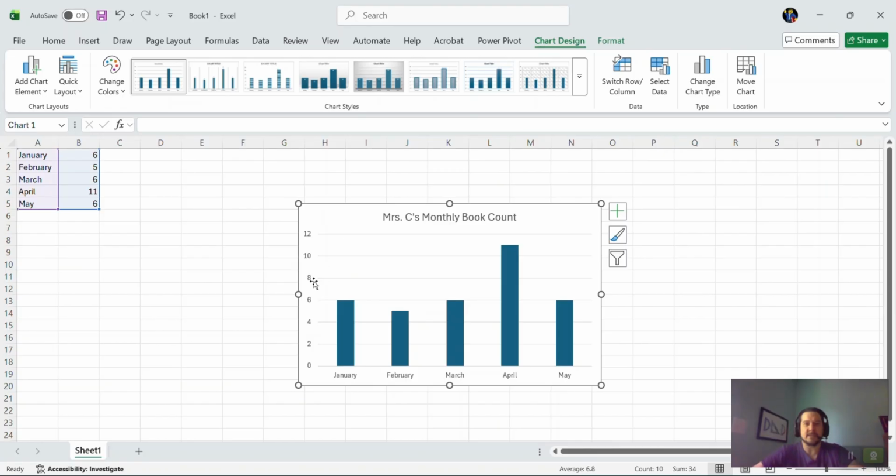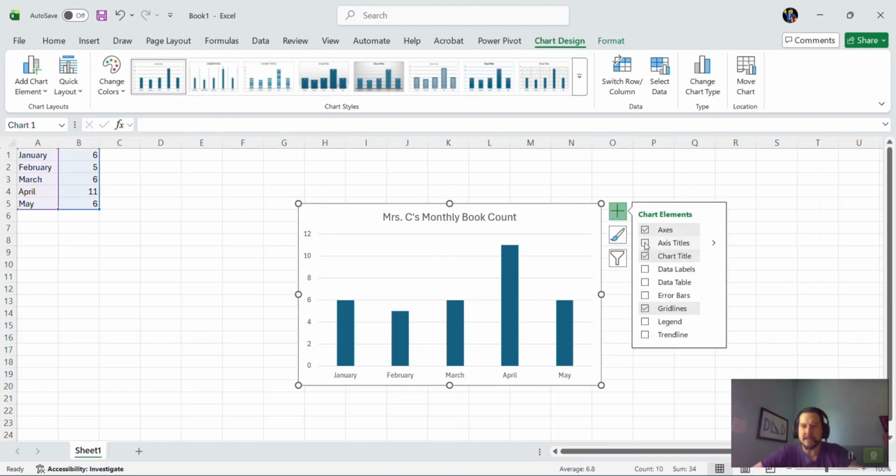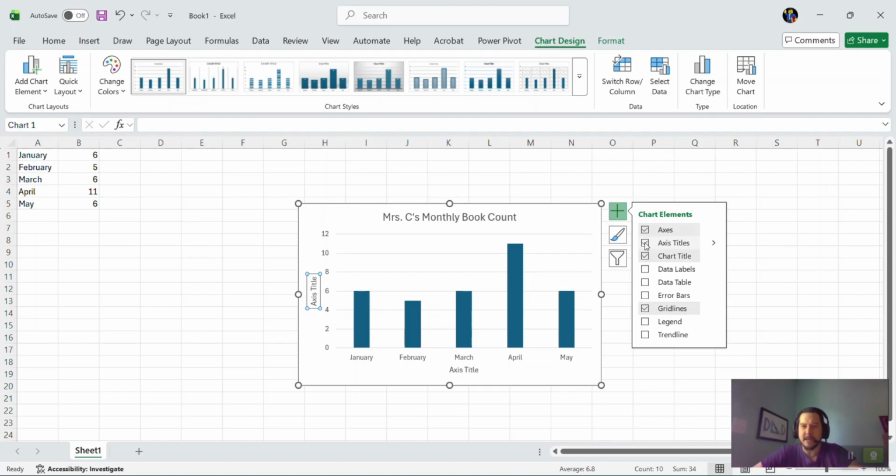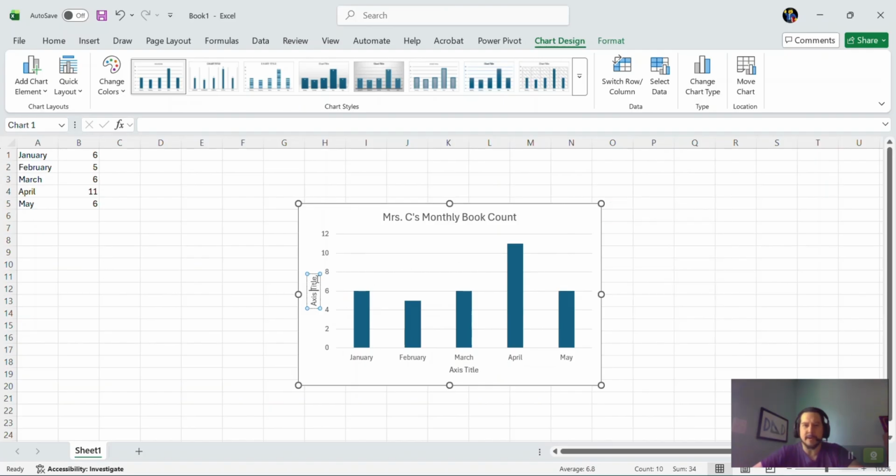And then it doesn't come with the labels for the horizontal axis or the vertical axis. So what you could do there is hit plus and then select the axis title option, and you can edit the axis titles to your liking and even shift them around.